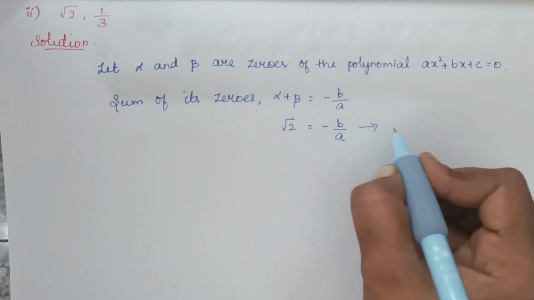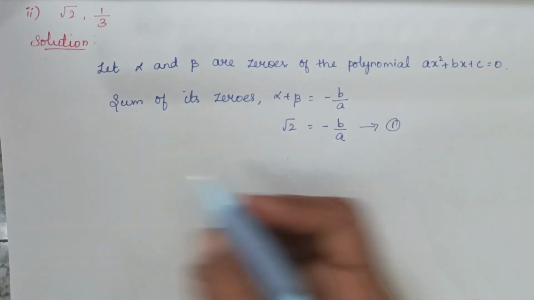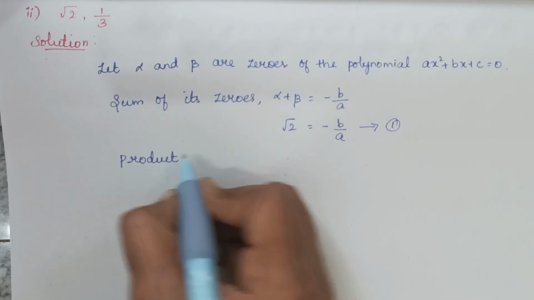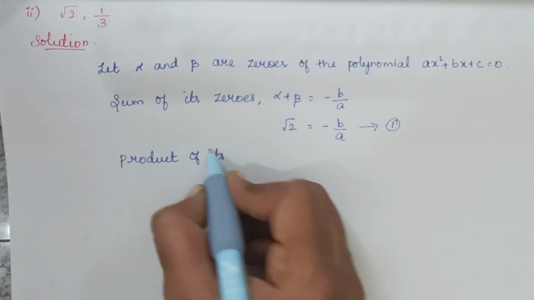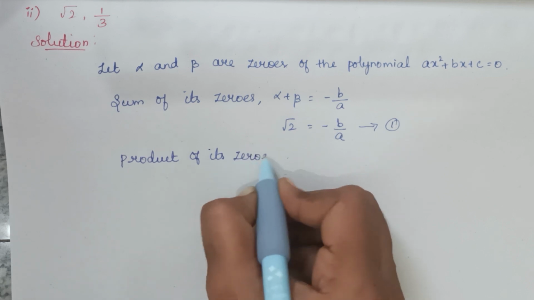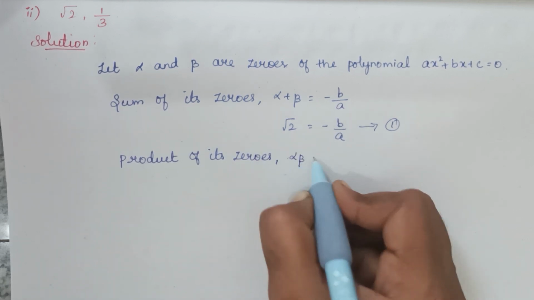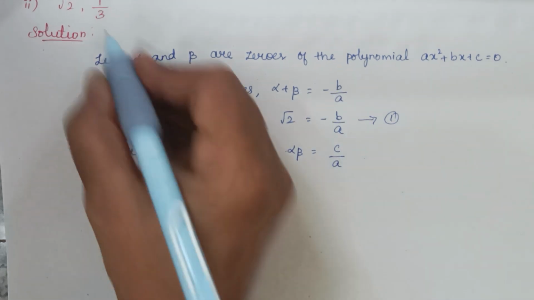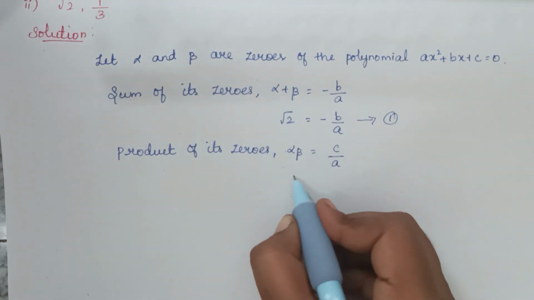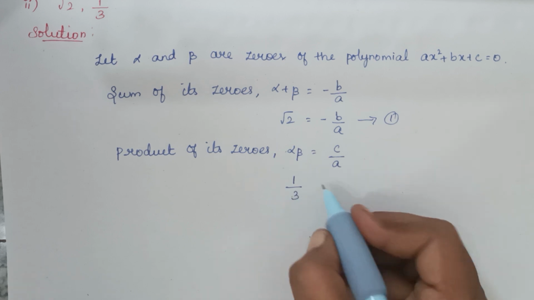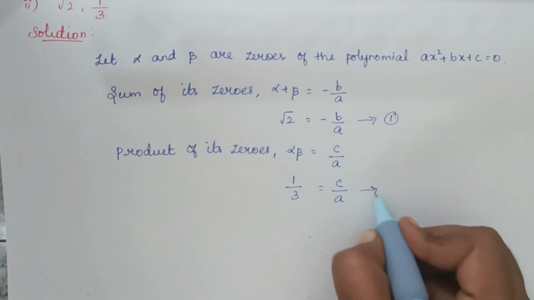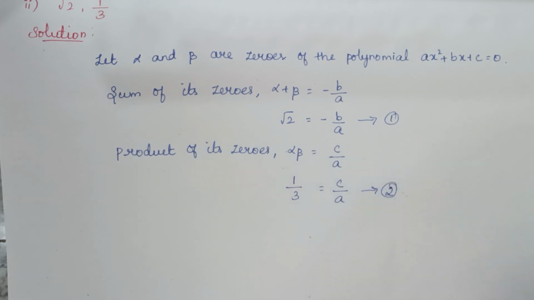We consider this equation as 1. Next, the product of its zeros, alpha into beta, is equal to c by a. So 1 by 3 is equal to c by a. Let me consider this equation as 2.